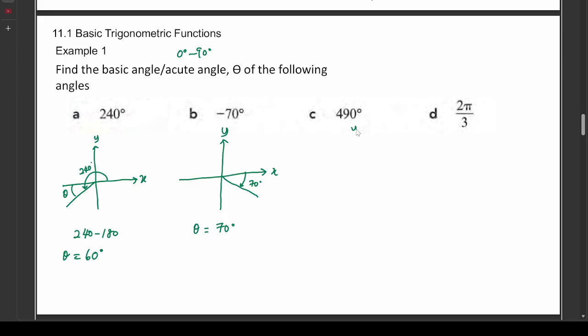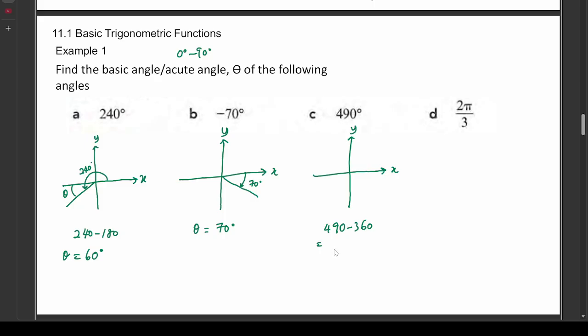Then C would be positive, so I'm moving anti-clockwise, and this is a very big angle, 490, so it has one complete circle, 360. So we just minus off 360.